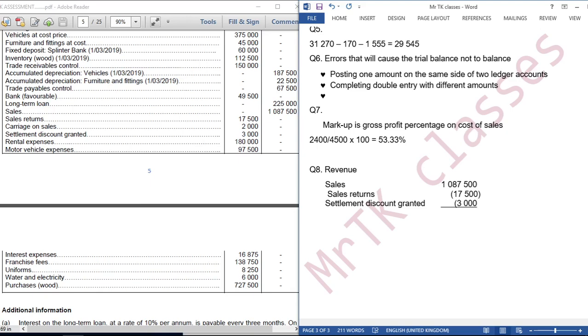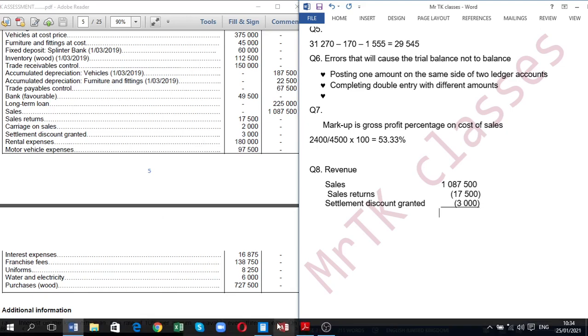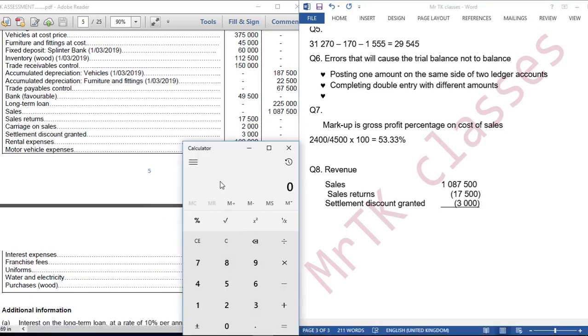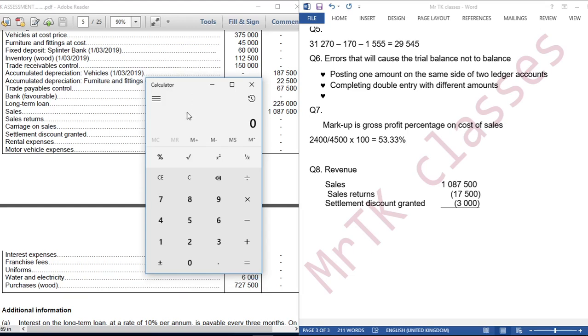Okay. So now we are just going to subtract this. We are going to say 1,087,500 subtract 17,500 subtract 3,000. That gives 1,067,000.